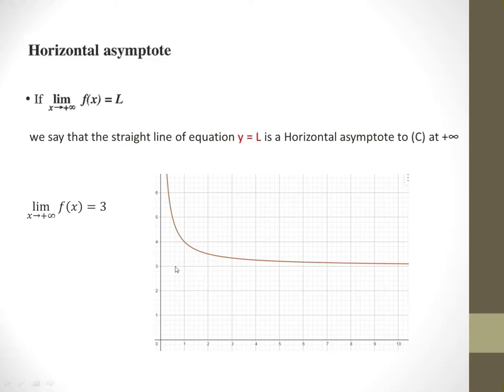It means that when x goes much bigger, the function goes very close to this number 3. It couldn't go below 3. So we say here that the straight line y equals 3 is a horizontal asymptote at plus infinity.